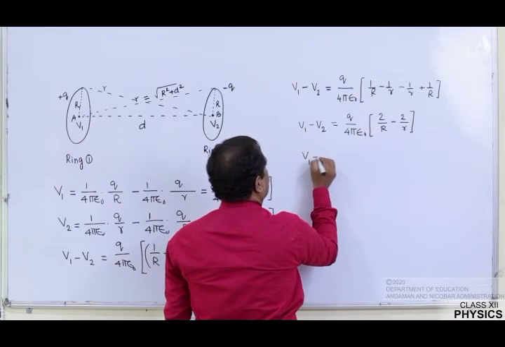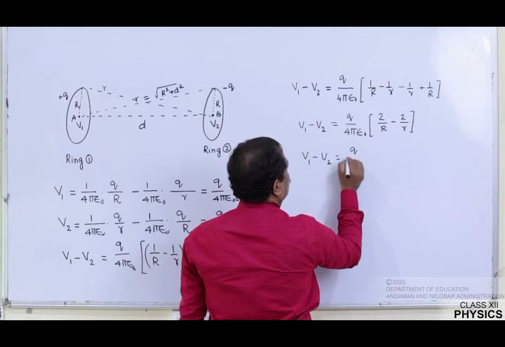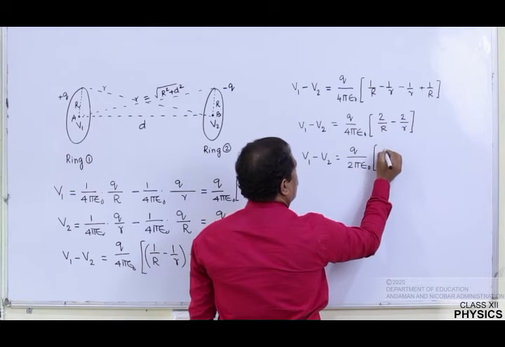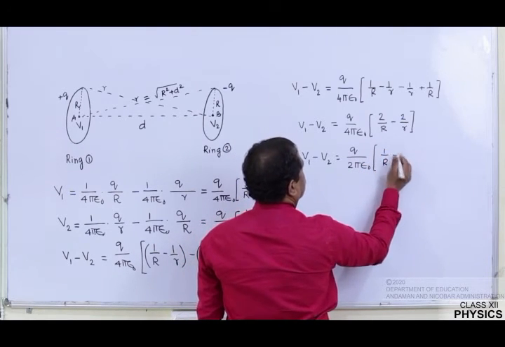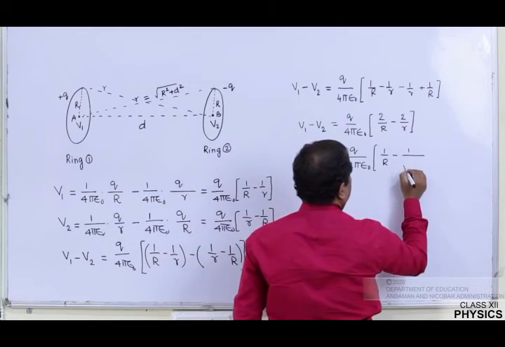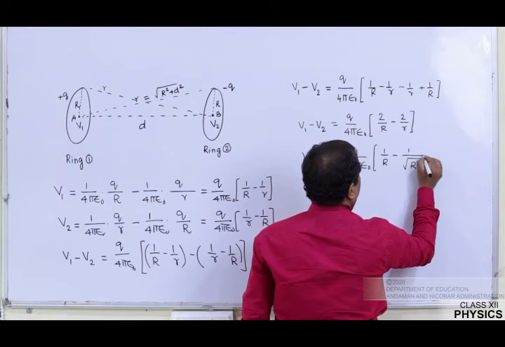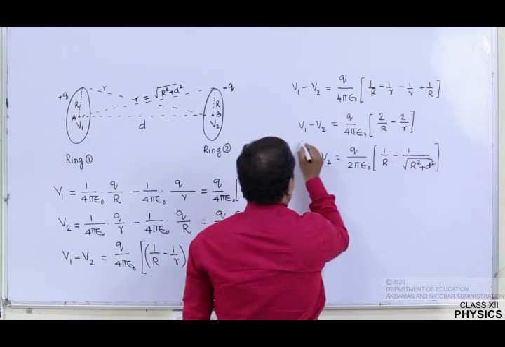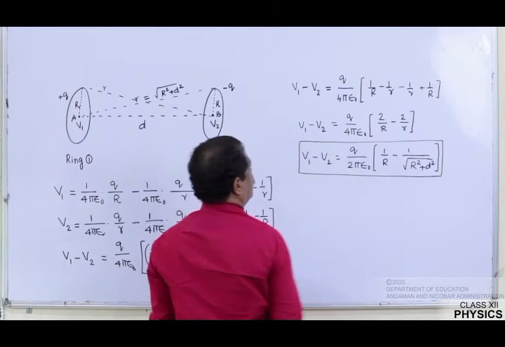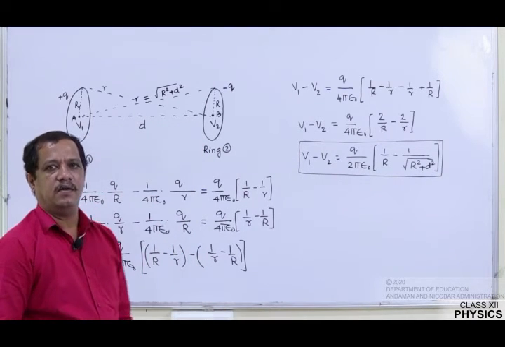Taking out the 2, I am left with Q by 2 pi epsilon naught into 1 by capital R minus 1 by small r, where small r is root over R square plus d square. So this is the final expression to calculate the potential difference between the centers of the two charged rings.